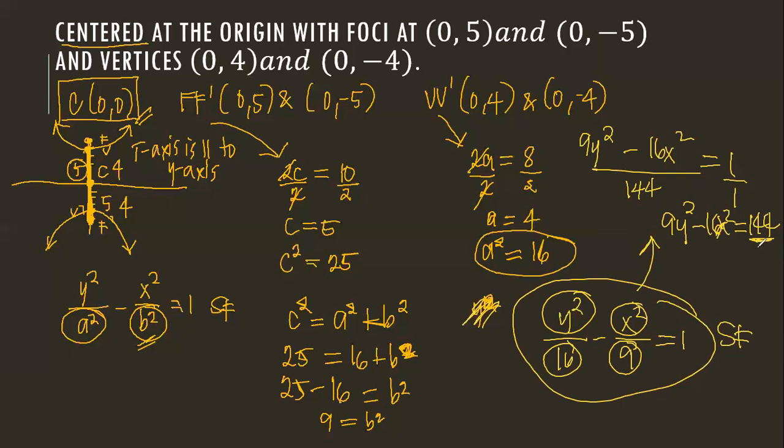Then transpose the 144 to the other side. That will be 9y squared minus 16x squared minus 144 equals 0. That is the general form of the equation. So that's how you get the standard and the general form given these properties. Okay, next problem.